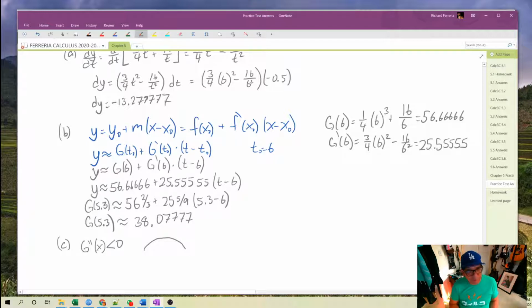That's a concave down function. And notice what happens when you use a tangent line approximation to a concave down function. No matter where you draw it, your tangent line is above the curve. So this means that for concave down, a linear approximation is an over approximation.